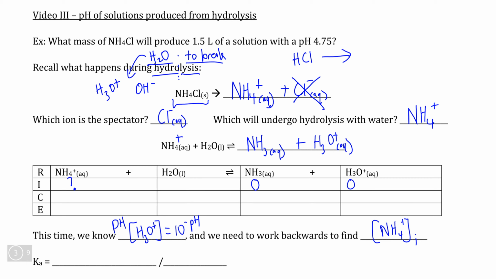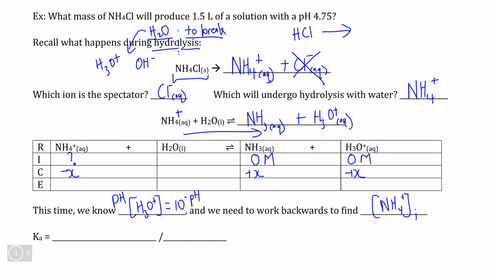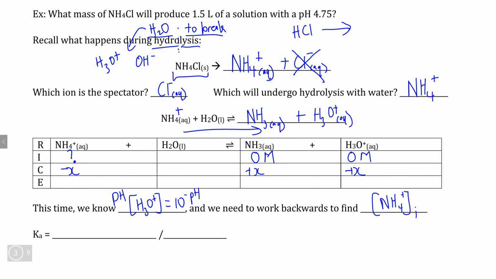So our initial concentrations of the conjugate base and of hydronium are 0, meaning the equilibrium shift works the same way, where our changes are going to be negative x, plus x, and plus x respectively. So at equilibrium, our concentrations of the conjugate base and hydronium are x, and our equilibrium concentration of our acid is the unknown concentration minus x.